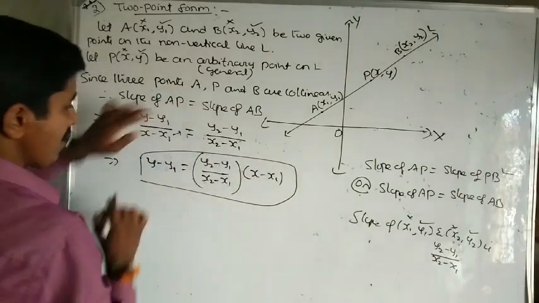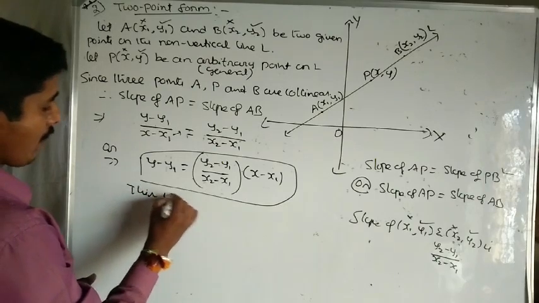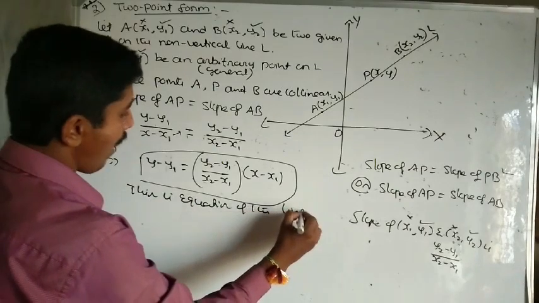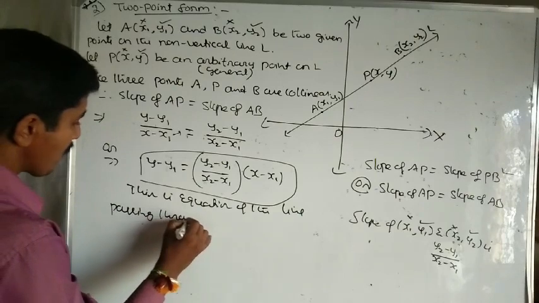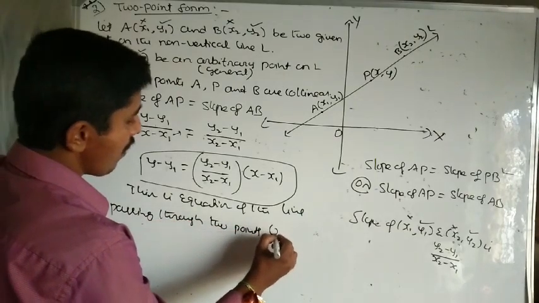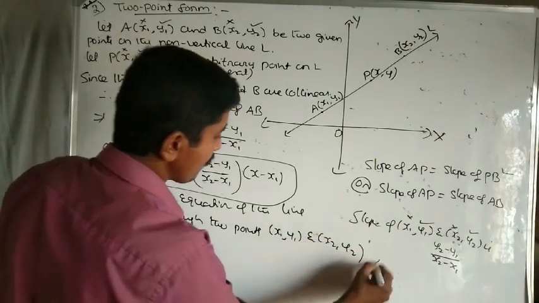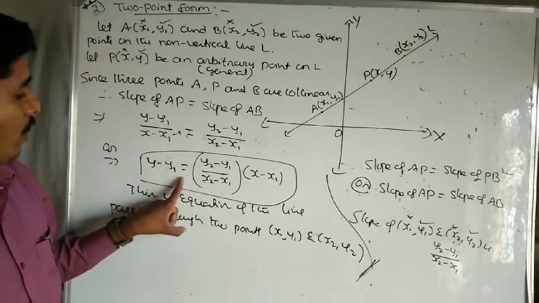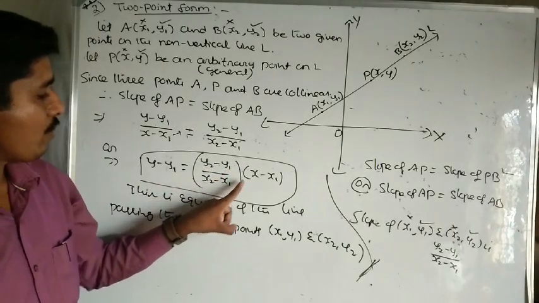This is the standard equation of the line, the equation of the line passing through 2 points, x1 comma y1 and x2 comma y2. Got it. Y minus y1 is equal to y2 minus y1 divided by x2 minus x1 into x minus x1.